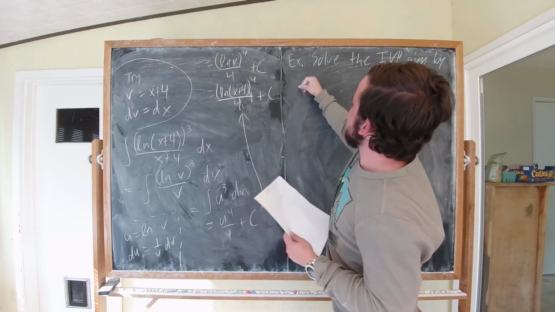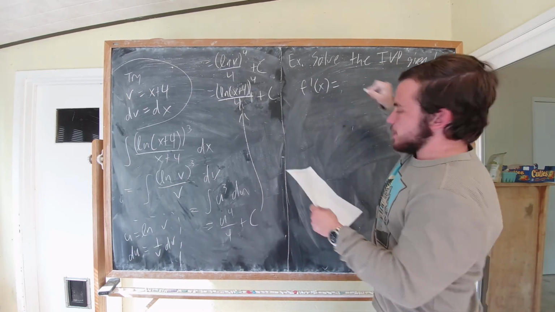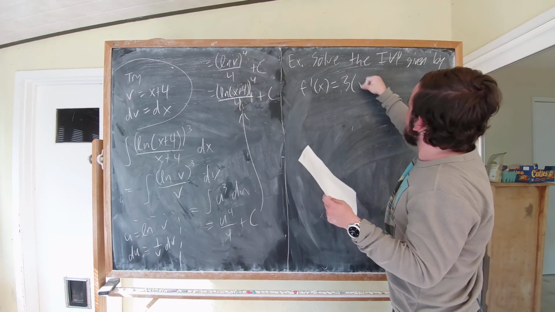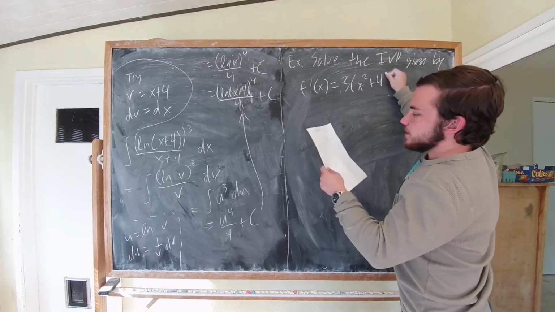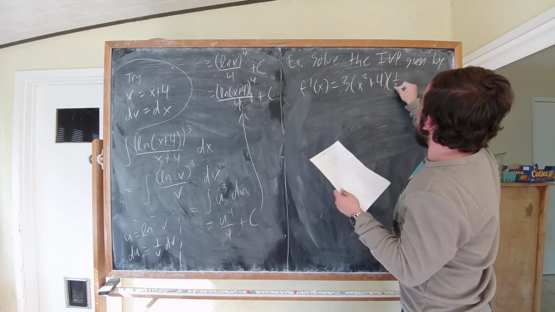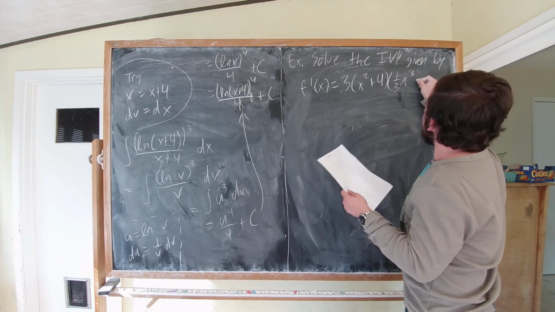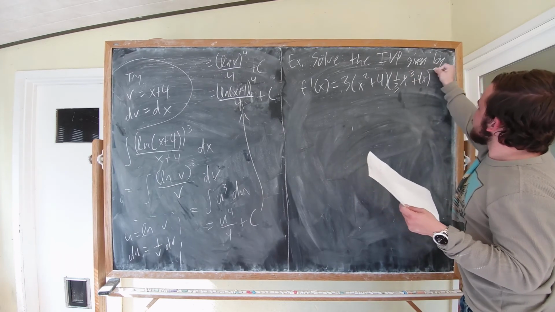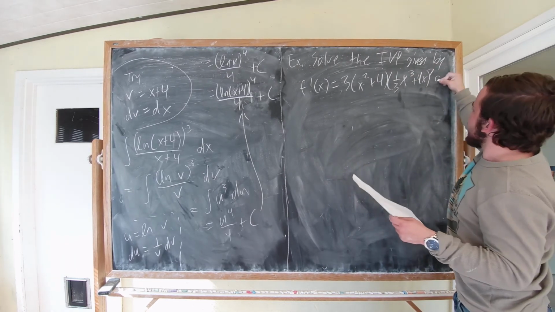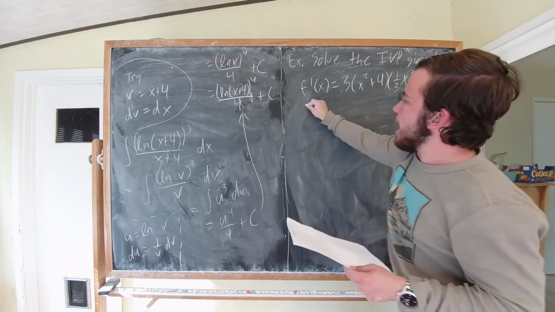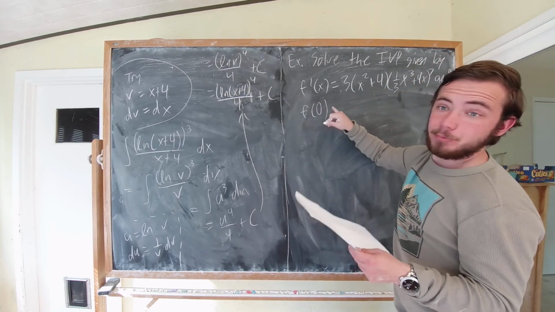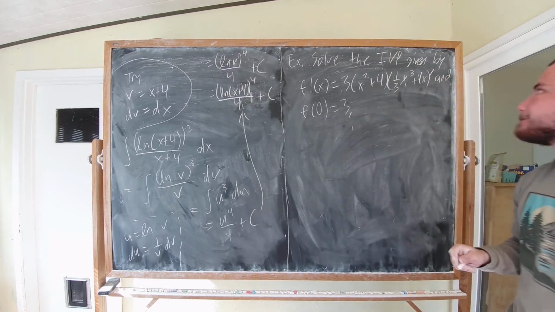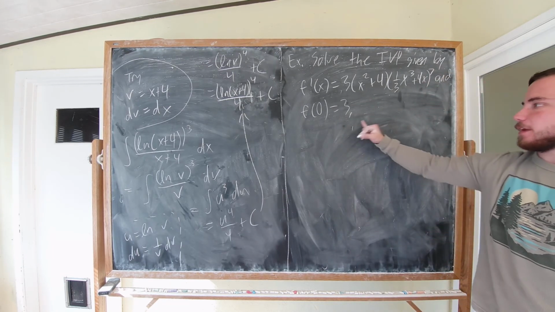Okay, f prime of x is equal to 3 times x squared plus 4 times (1/3 x cubed plus 4x) all to the 7th power, and f of 0, not f prime of 0, f of 0 is equal to 3. So let's solve this IVP.